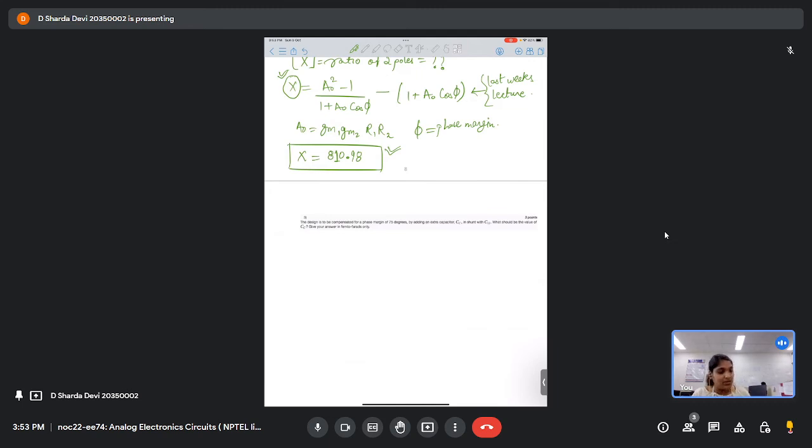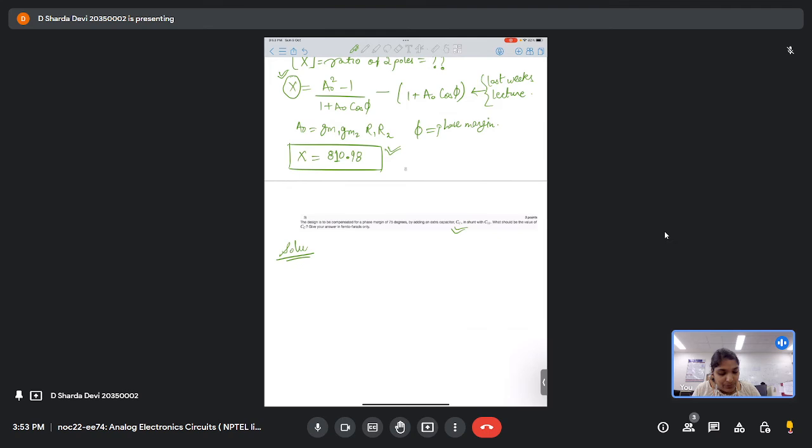So in this question, the idea is to design a compensated phase margin of 75 degrees by adding an extra capacitor of Cc in shunt with C12. Shunt means parallel.